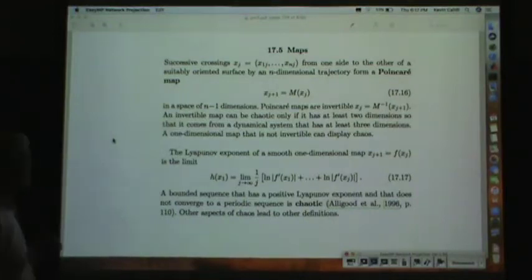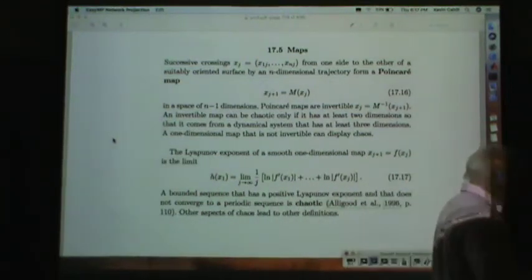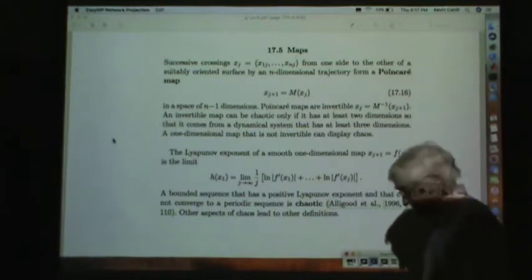You can imagine that you have a system in n dimensions, but then if you are just asking when the point in n-dimensional phase space, labeling the state of the system, crosses a particular surface, then that's a system in n-1 dimensions.